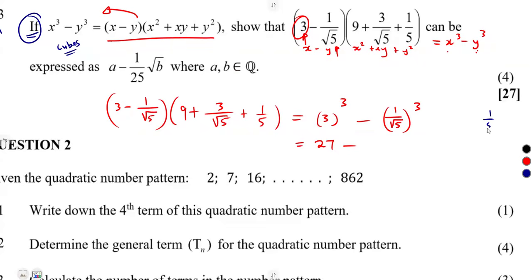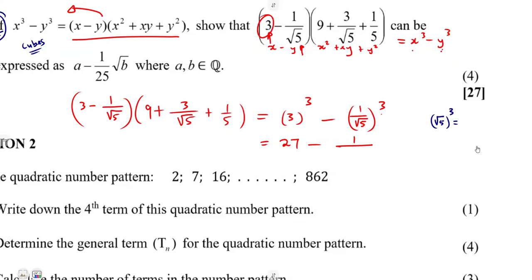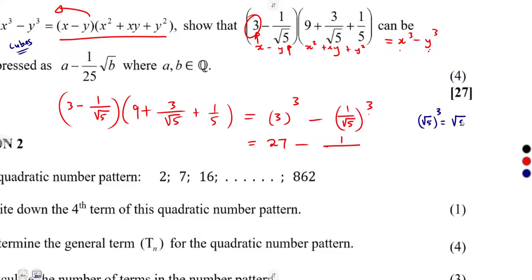So it is 1 over, all right, 1 to the exponent of 3, that's 1 over the square root of 5 to the exponent of 3. Guys, this simply means the square root of 5 is going to multiply itself 3 times like this. So square root of 5 times square root of 5 gives us 5. Remember from our laws of surds, square root of a times square root of a gives us a.